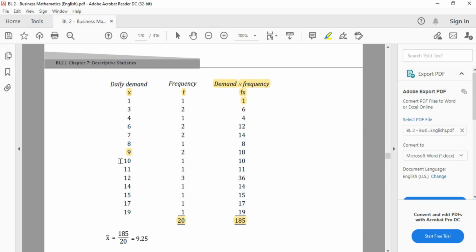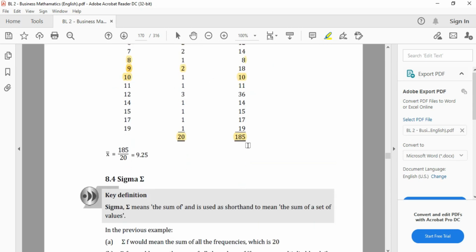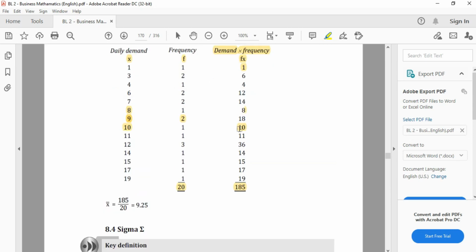For this 10 daily demand, we have a frequency of 10 itself. But 8 daily demand, we have a demand into frequency of 8. Yeah, but 9, it's 80. Likewise, it's a demand into frequency. Basically, the summation. So, if they give this fx column, usually it is written as fx.